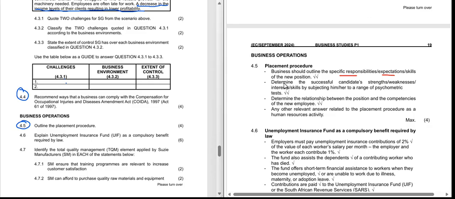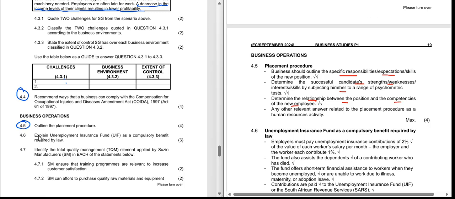That's the placement procedure, making sure that the right positions are occupied by the rightful people with the required applications or qualifications. Determine the successful candidate's strengths, weaknesses and interests by subjecting him or her to a range of psychometric tests. Determine the relationship between the position and competencies of the new employee.